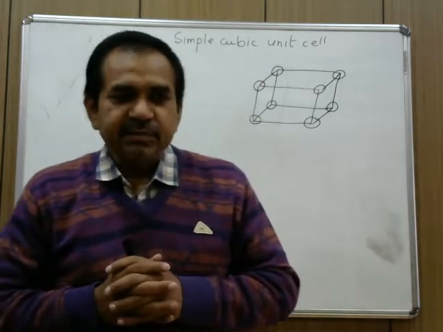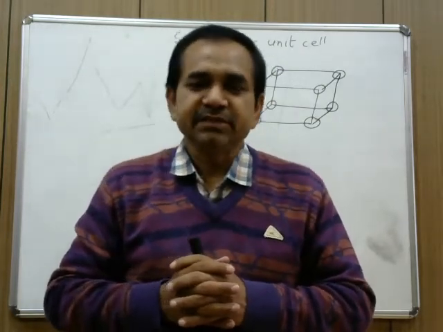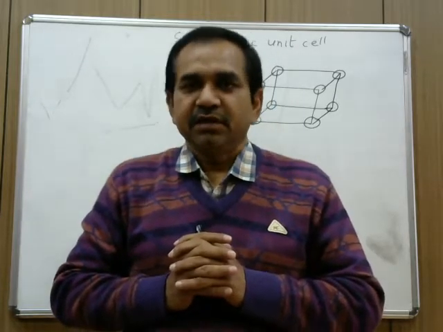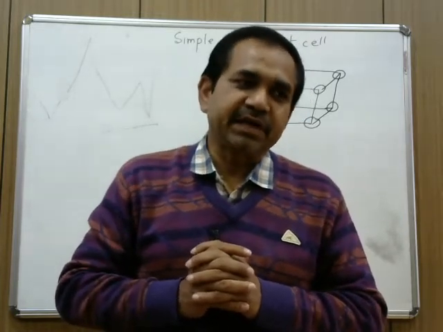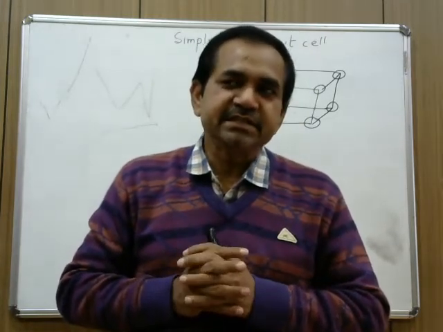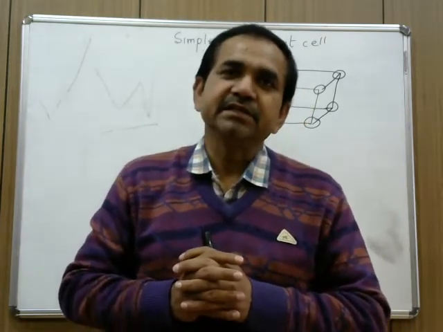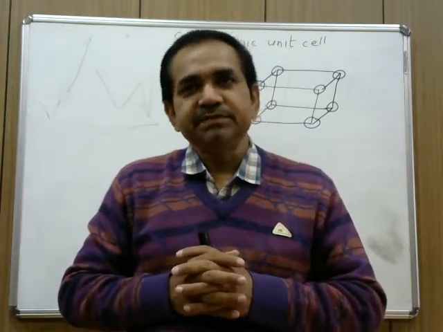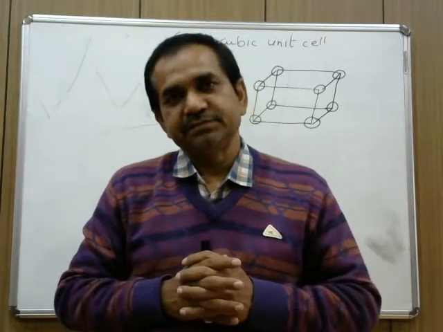When I was discussing unit cells, I told you that classification of unit cells is done on two parameters. The first parameter was the position of constituent particles in the unit cell, and the second was edge lengths a, b and c and interfacial angles alpha, beta and gamma. On the basis of position of constituent particles, these unit cells are of two types.